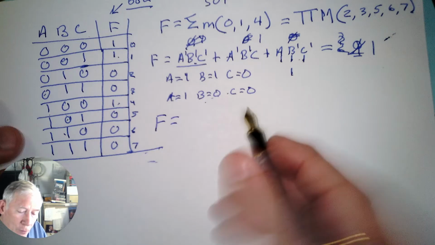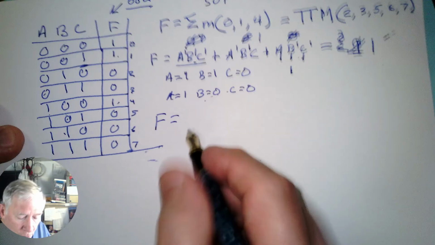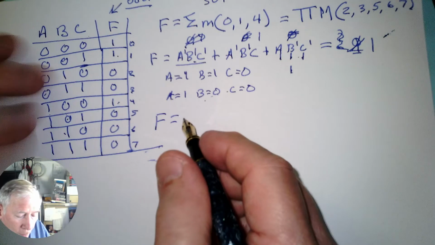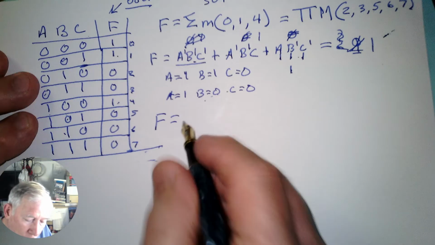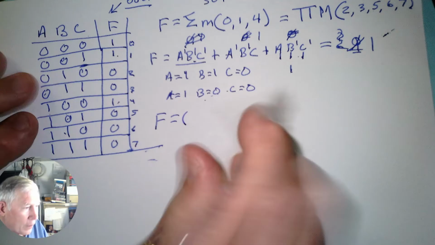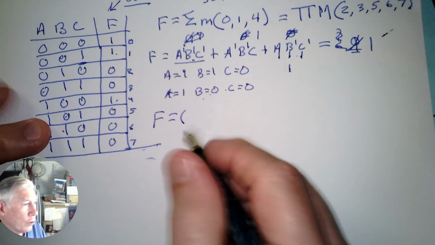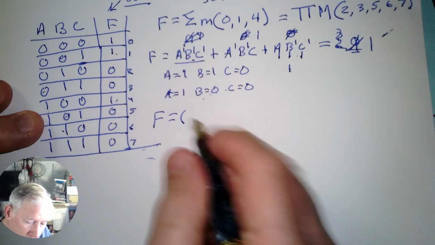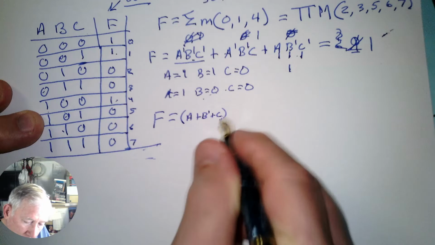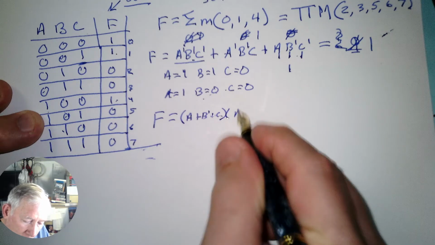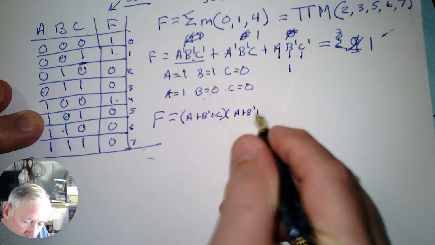So we have F equals 2, 3, 5, 6, 7. So we're going to have to write a little bit here. The maxterms are a little bit harder. I have to think about them a little bit. So F equals, the second maxterm, we can go back and look, but I happen to know it's A plus B prime plus C. Maxterm 3 is going to be A plus B prime plus C prime.